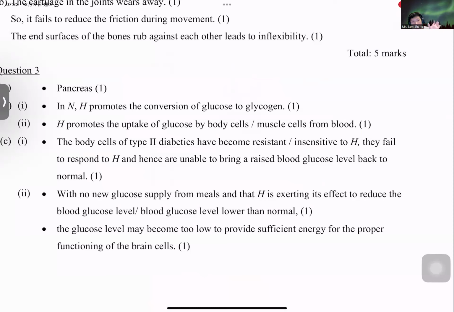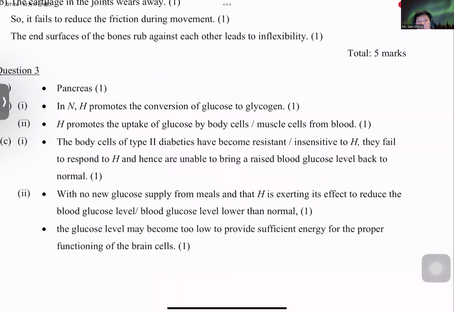Many of you just mentioned that we cannot lower the blood glucose level. Not lower: we cannot bring the raised blood glucose level back to normal quickly. So this would be the difference between type 1 and type 2.